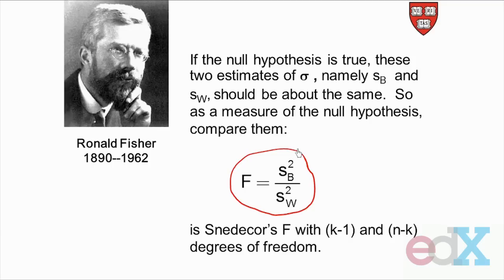Because if the null hypothesis is true, then this ratio should be approximately 1, and so if we get this close to 1, then we would say the data are consonant with the null hypothesis. If this is bigger than 1, say, then we might reject the null hypothesis.